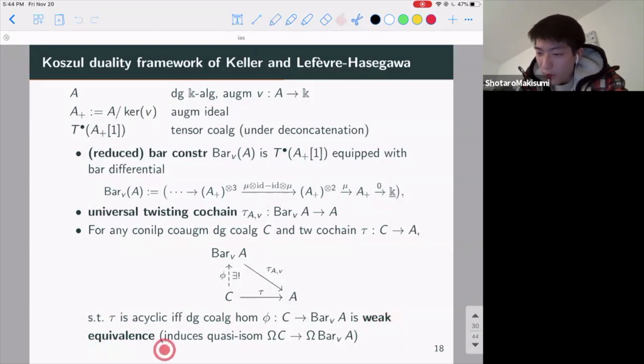You want to try to replace the bar complex with some smaller coalgebra C. And this is basically the idea of Koszul duality. So an algebra A and a coalgebra C are Koszul dual if C is a coalgebra that is weakly equivalent to the bar construction of A.